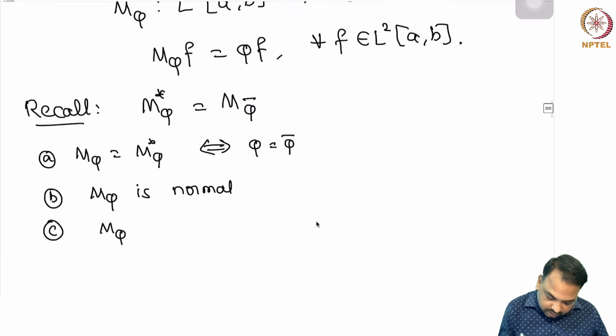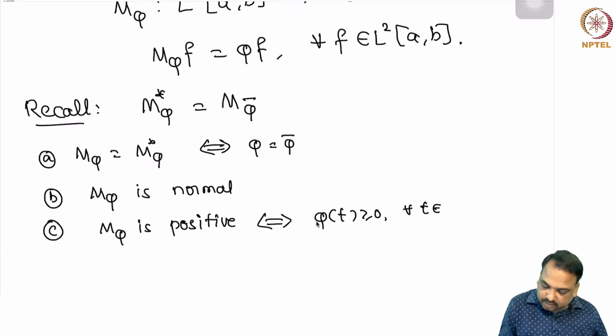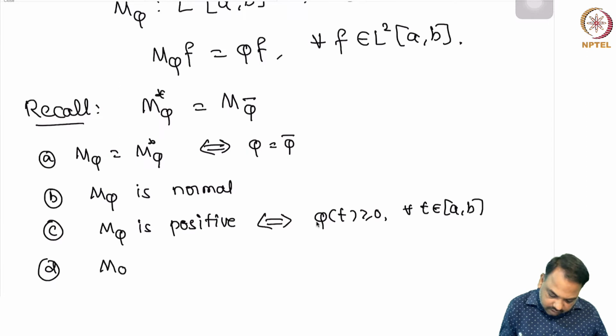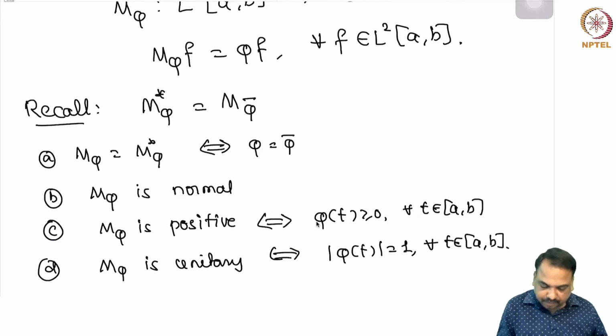M phi is positive if and only if phi is positive. And M phi is unitary if and only if mod phi of t equal to 1 for all t in [a,b]. This can be proved very easily.